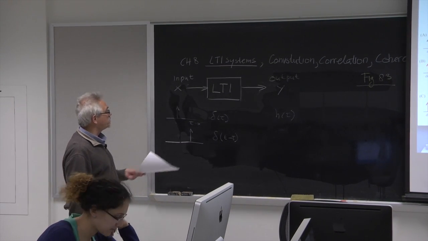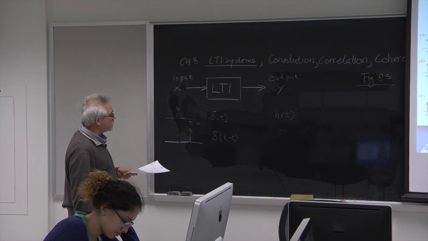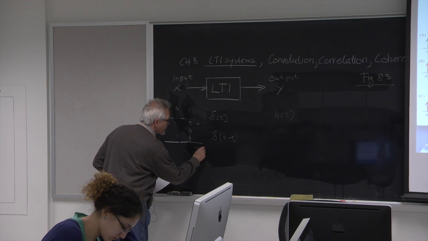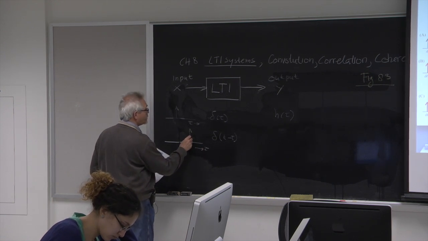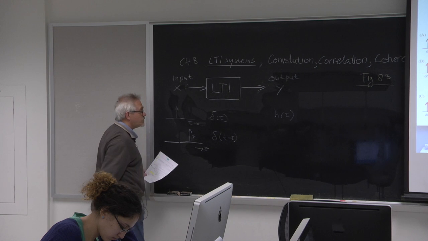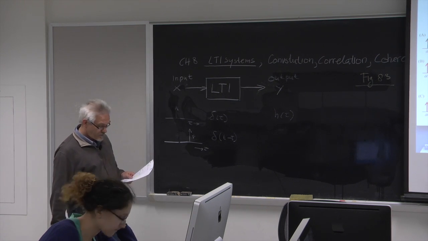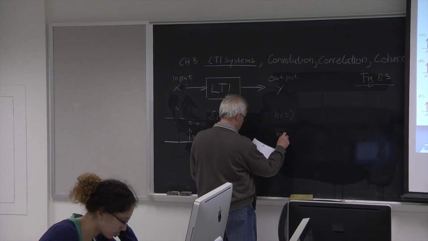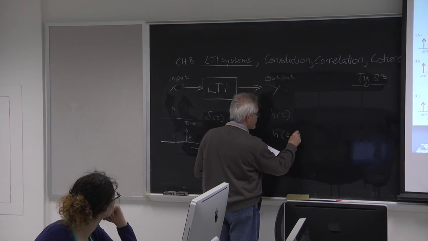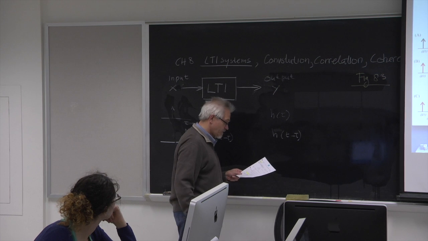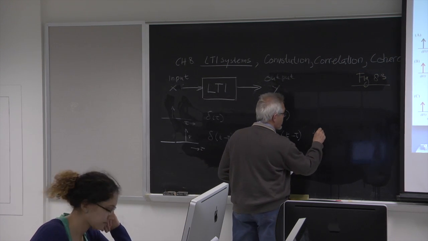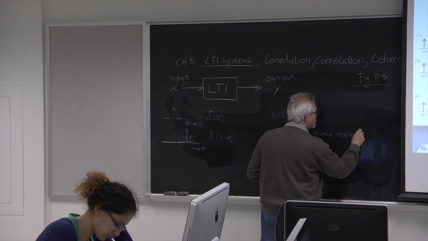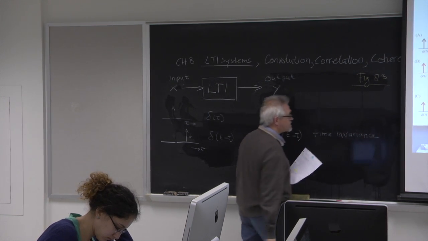For now, you will see in a bit, it's handier to write it down as t minus tau. So again, this is my time scale tau, and now I have a unit impulse at time t. And since the system is time invariant, I will get the unit impulse response shifted by time. So this is the time invariant property, isn't it?